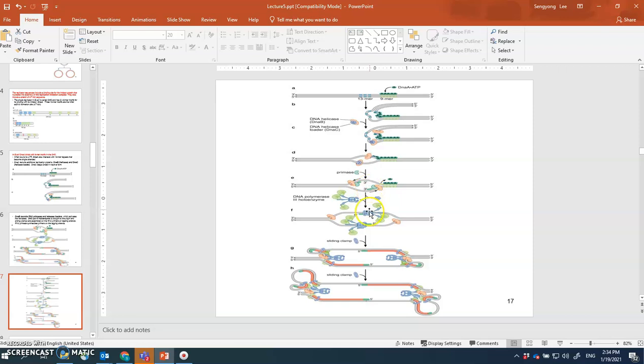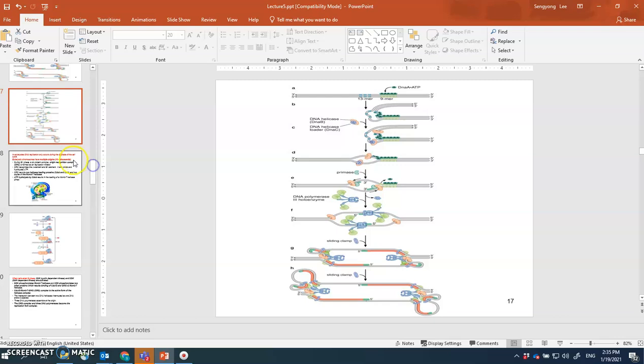Once that's done, the polymerase 3 holoenzyme is recruited. It grabs the 3' end of the primer and continues the leading strand continuous replication on this side, and on the lagging strand there's a looping that allows the same directional replication by the same holoenzyme. Meanwhile, there's a sliding clamp that's engaged, which allows the holoenzyme to move along the template DNA. We'll talk about that later on.